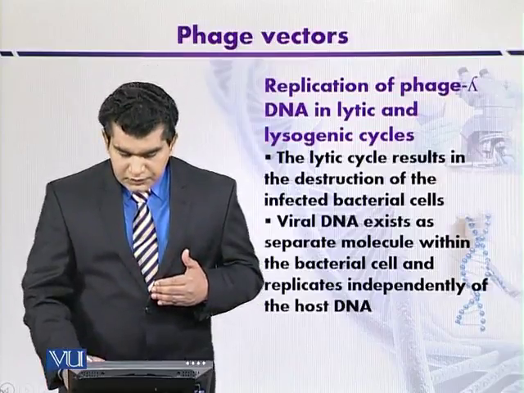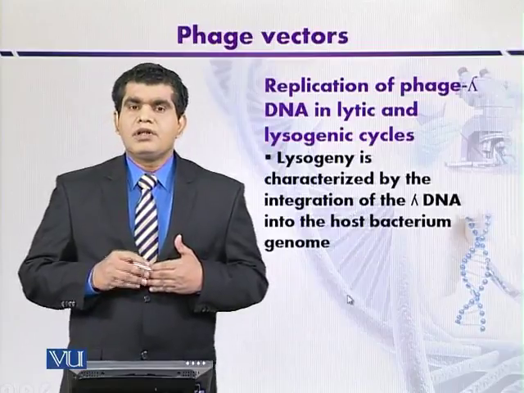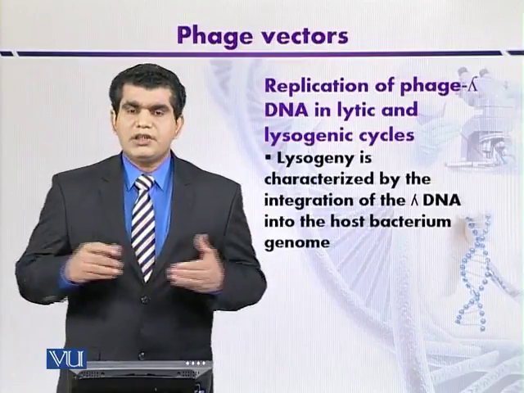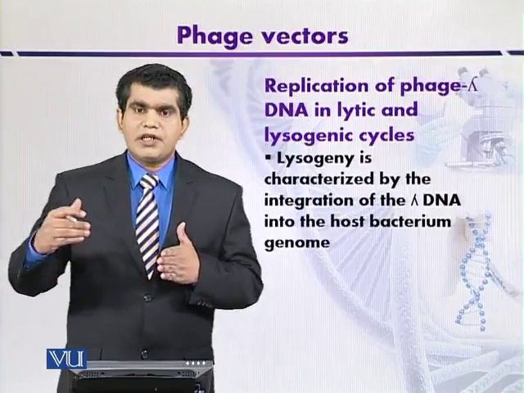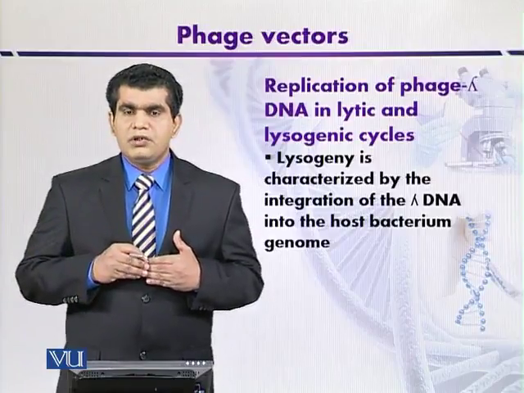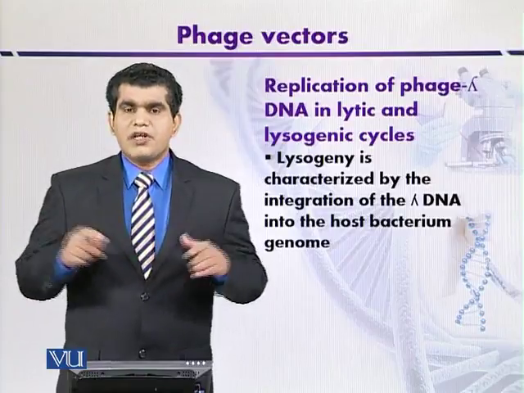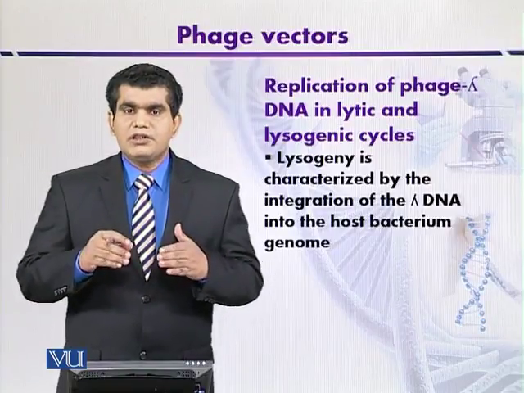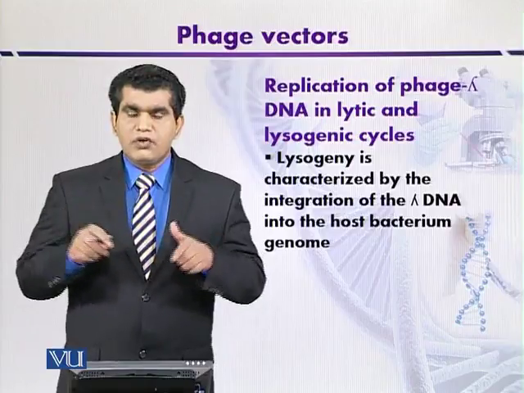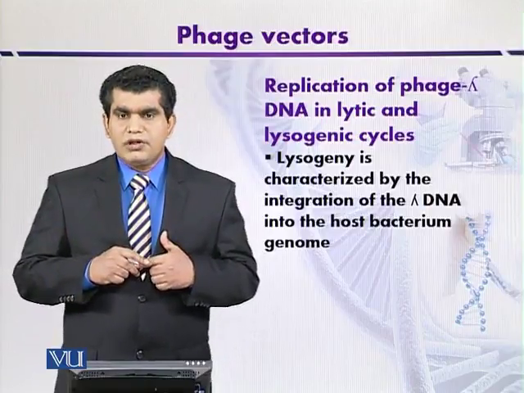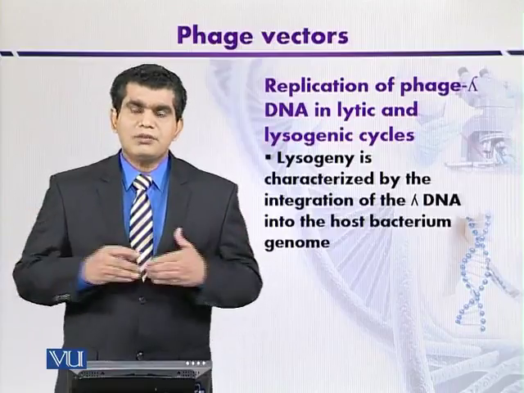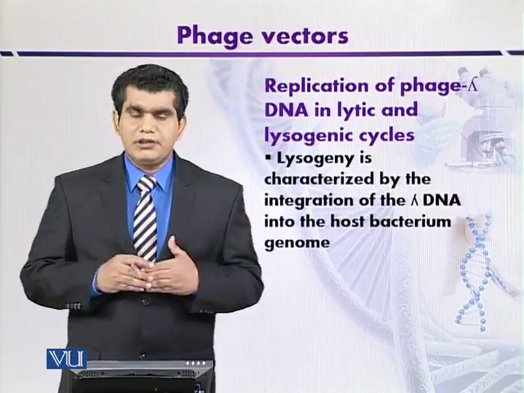Another possibility is that they are not going to cause the lysis of the host cell. Rather, after adsorption, it will inject its DNA or genome, and the linear duplex molecule is again converted into circular form by joining its cohesive site or cos site, because of the complementary base pairing at the 5' end.